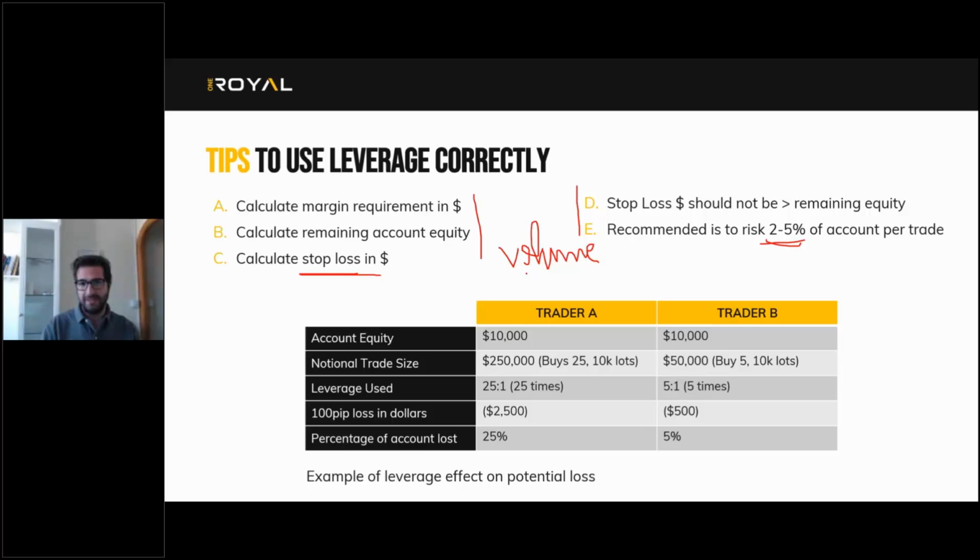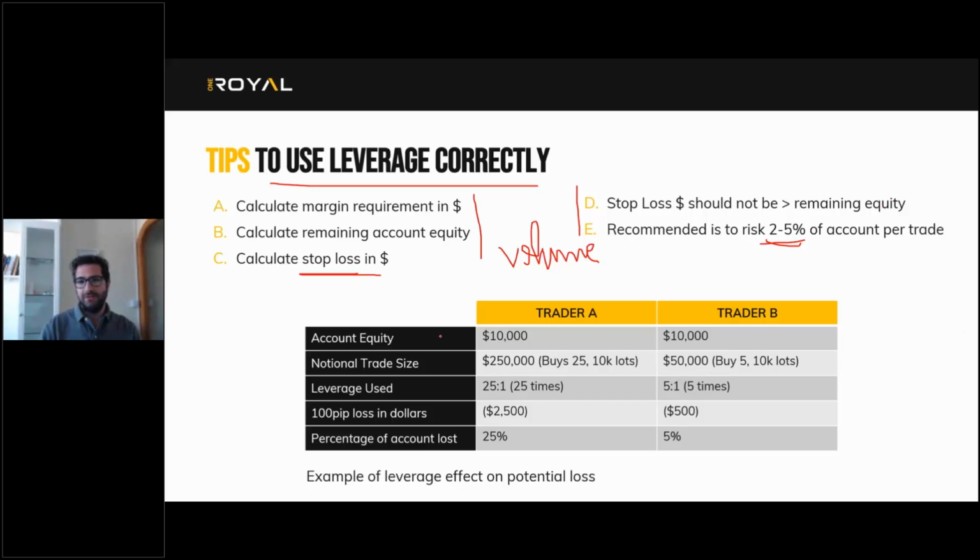To know how much you should use, you use this position size calculator to come up with the right position size, and this way you will be able to use the leverage correctly.